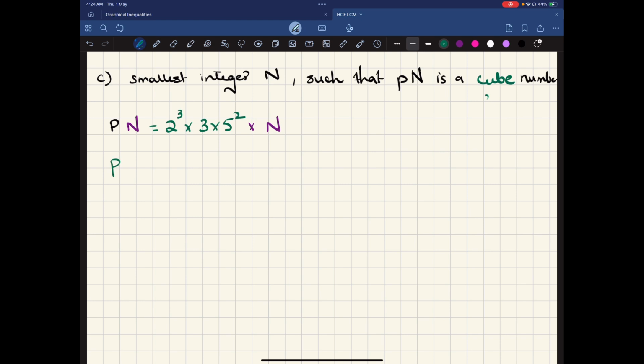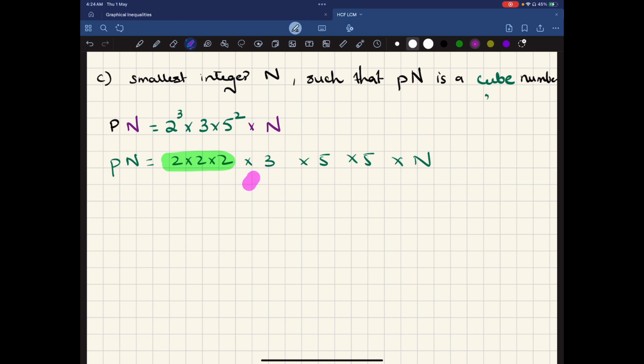So P into n is equal to 2 into 2 into 2 into 3 into 5 into 5 into n. Let's make groups of 3. So 1, and that is it. Okay, we have 1, 3.